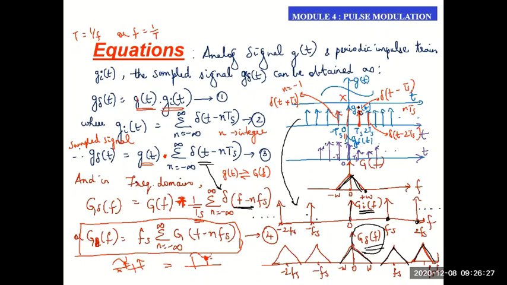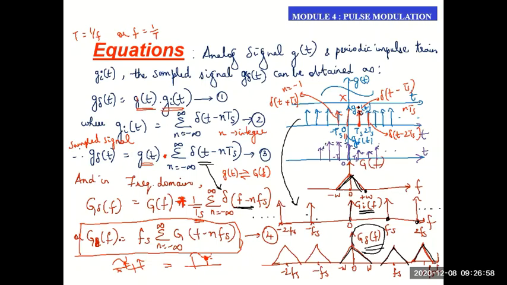Now let's shift to the frequency domain to check what g delta of f is. G of t gets converted to G of f. Product becomes convolution, and the Fourier transform of this impulse train in the time domain becomes, in the frequency domain, delta of f minus n Fs, divided by Ts, or 1 by Ts. 1 by Ts is nothing but Fs.